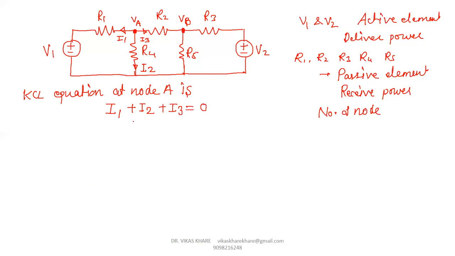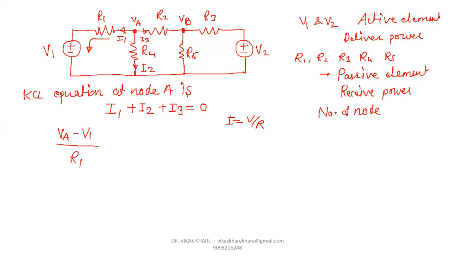Now we put the value of current I equal to V by R according to Ohm's law. First, I1 is the current which flows in this branch. So I1 is equal to VA minus V1 divided by R1.